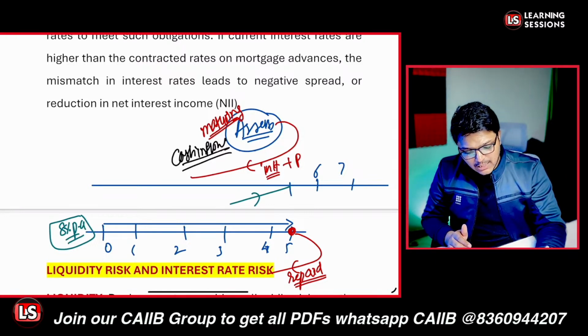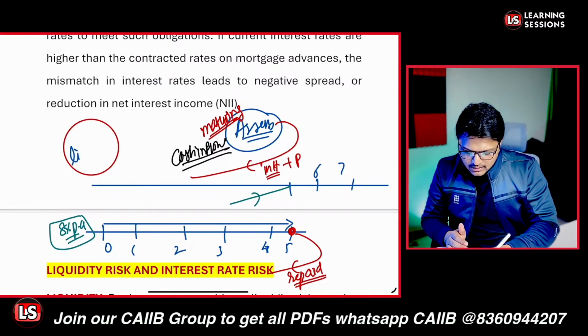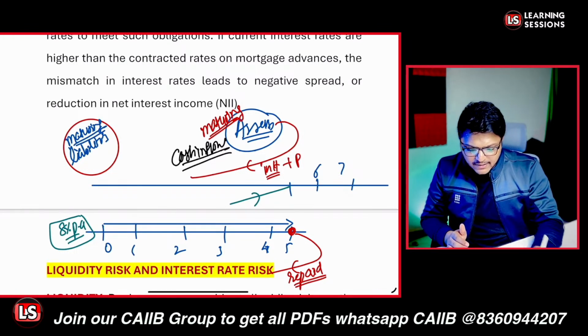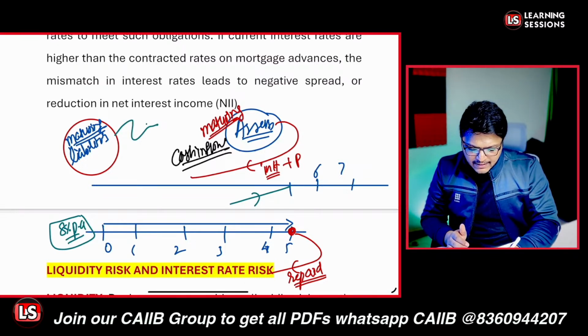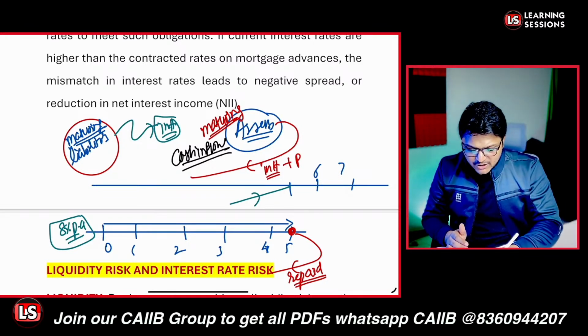And if we talk about the liabilities, or we can simply say maturing liabilities, we are to pay an interest rate over here, right? So for the maturing liabilities, there is a cash outflow.